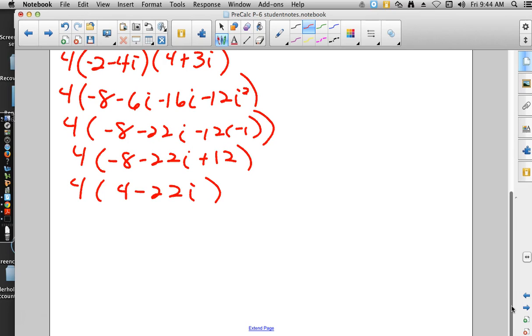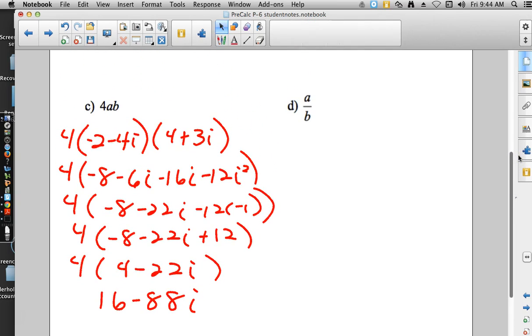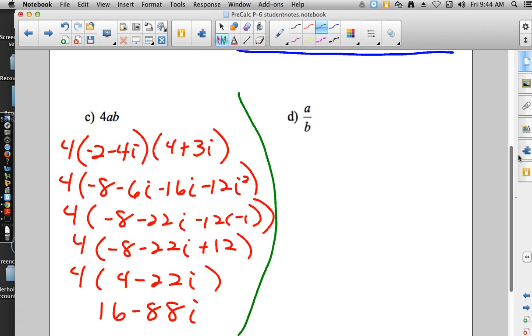Now what do we do? Yeah, finally distribute the 4. And there it is. So again, it's not any different than the other math we would do, except that we have to watch out for i squared. Watch out for i squared. Alrighty, this little bugger was our -2 minus 4i over 4 plus 3i.